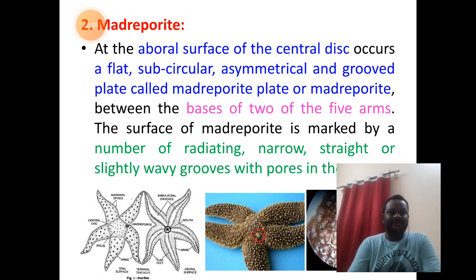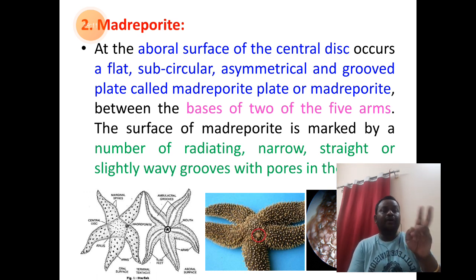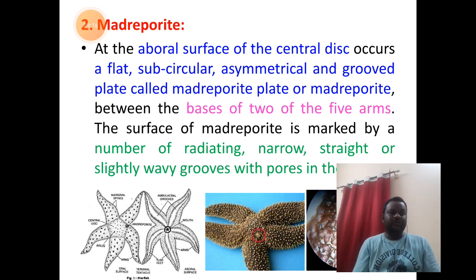Students, remember, this Madreporite is present between the bases of any 2 of the 5 arms. So if there are 5 arms, at the base of any 2 arms you can find this opening of Madreporite.